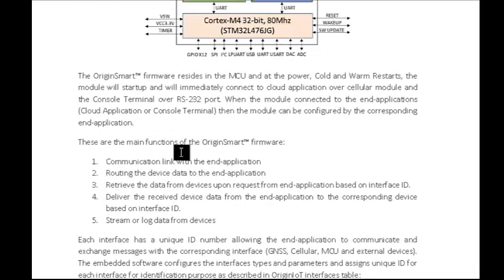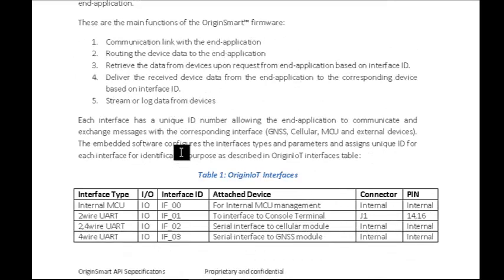The first thing you want to know is that we defined the interfaces and the interface IDs. Each interface has an interface ID that you need to know in order to write or read from it. So, for example, the MCU is interface 00. The end application in the cloud is interface 80.